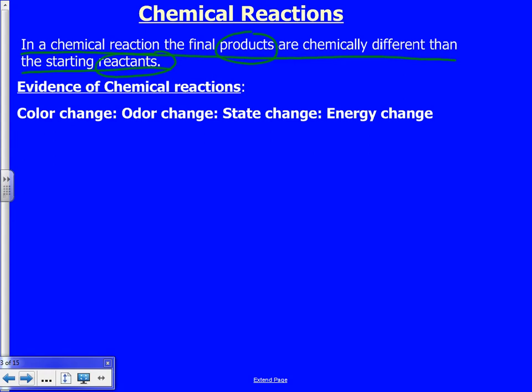So let's say I've got a reaction that looks like this. Whoops, that should be a capital C. In a reaction like that, I've got hydrogen chloride, hydrochloric acid, reacting with sodium hydroxide.